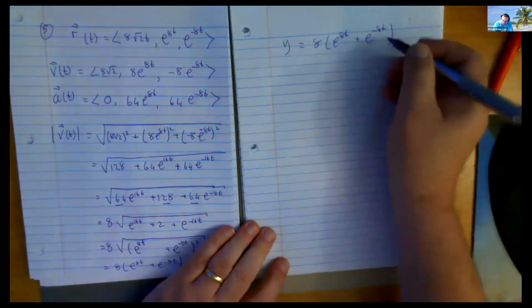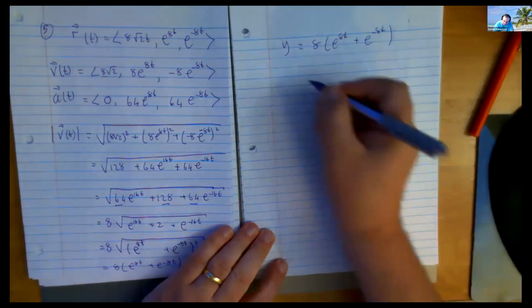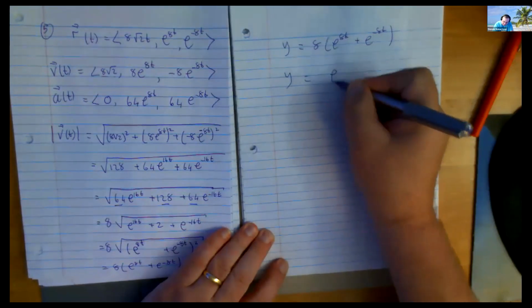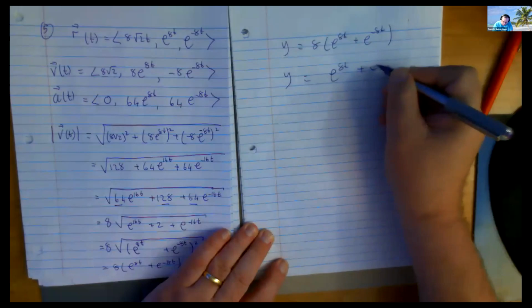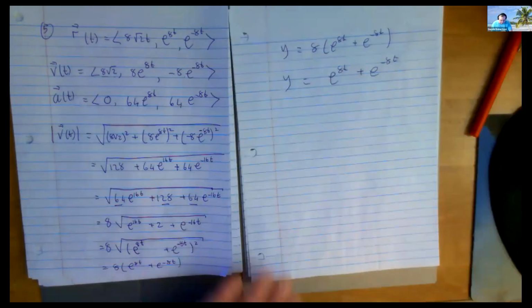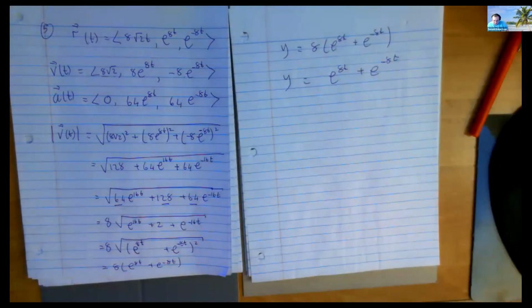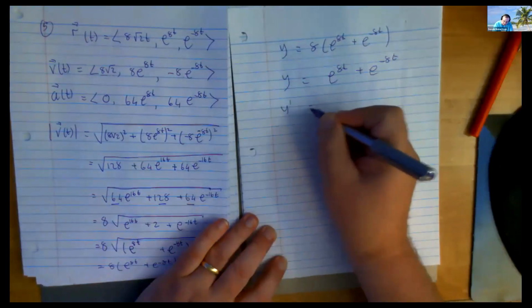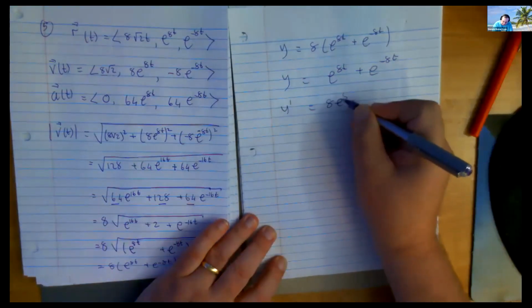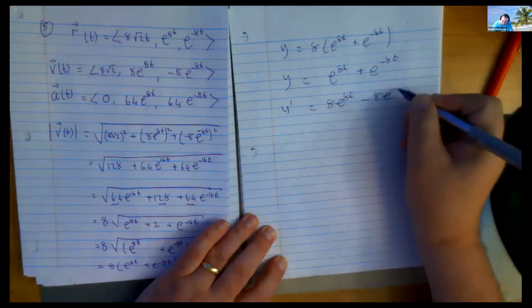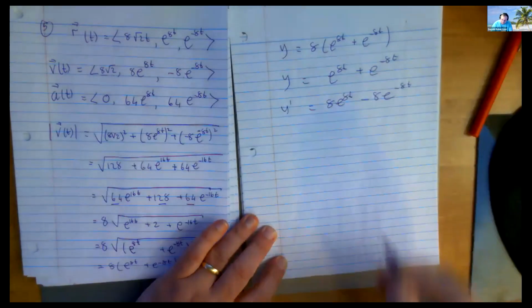If I want to take this fella and find its minimum, couldn't I just find the minimum of this guy? Because I just want to know for what value of t it happens, and then when I know it, I'll plug it in here. It's the same effect. If you differentiate this guy, you get this fella, you differentiate this fella, you get that guy.